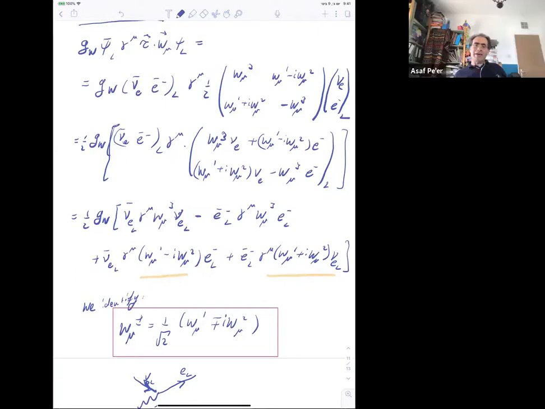Yeah, that's what I was expecting somebody to say. At this point I would imagine people to say, okay, we have the linear combination of the W1 and W2 to become the W plus minus. We still have the W3, and this 3 is exactly what couples the neutrinos and the electrons. So why not associate the W3 with the Z?